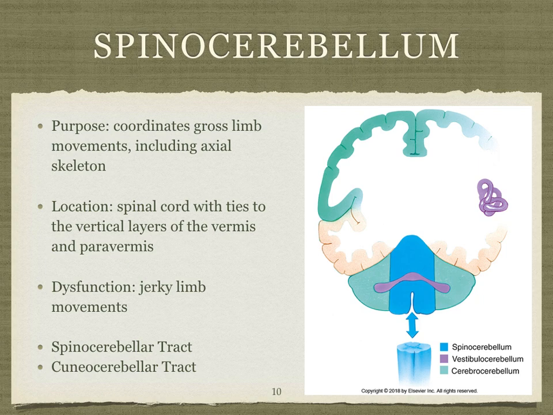So on slide 10, our spinocerebellar functioning, its main purpose is coordinating gross limb movements and including that axial skeleton support as well. This allows information from our limbs, such as touch and pressure from the spinal cord. And that main location is within the vermis and the paravermis.